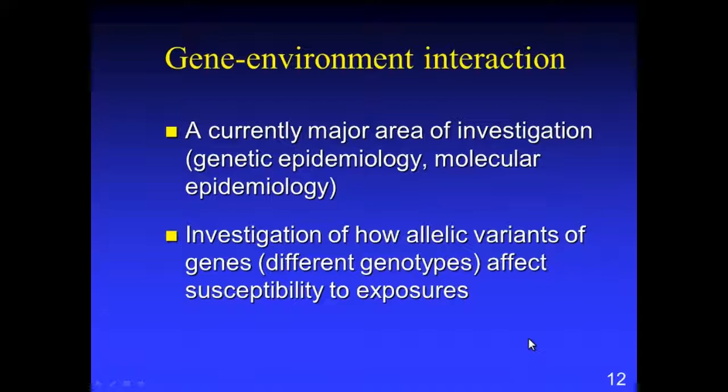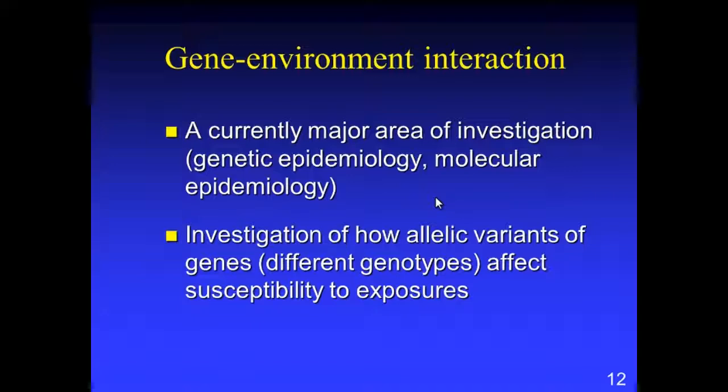Before I close, I want to just mention very briefly the area of gene-environment interaction. This is quite a big area these days, and many of my colleagues here in the School of Public Health are working on this. It's also sometimes referred to as molecular epidemiology. This is where we examine how different genetic variants, in particular genes, interact with different exposures.